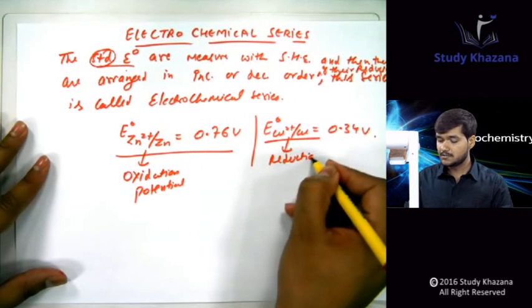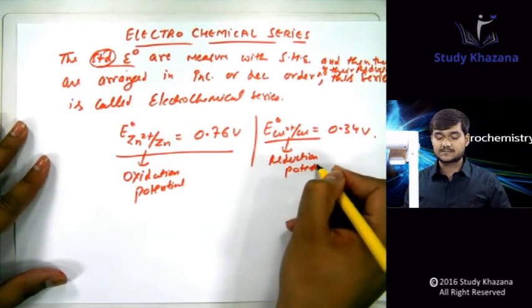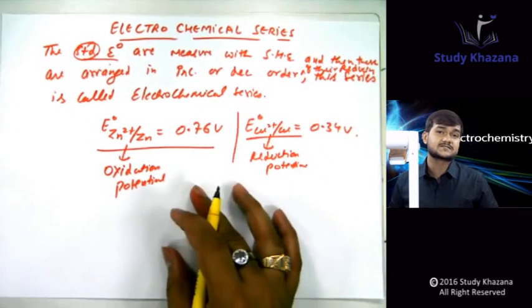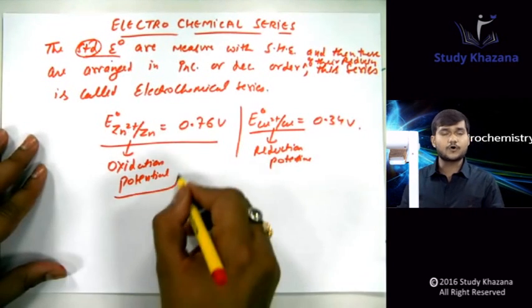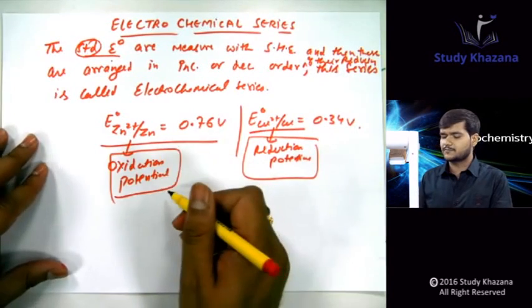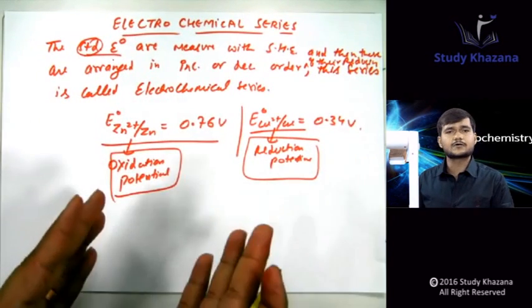So this is the reduction potential. Can we compare? Again the case arises: marks attained by a student in mathematics 95, marks attained in chemistry 98. We cannot compare, subjects are different. That is why we cannot compare this. Which one is the better reducing agent, which one is the better oxidizing agent? We cannot compare.